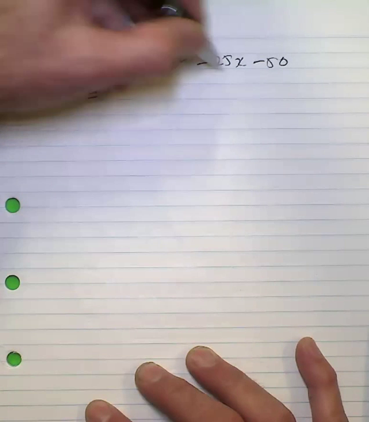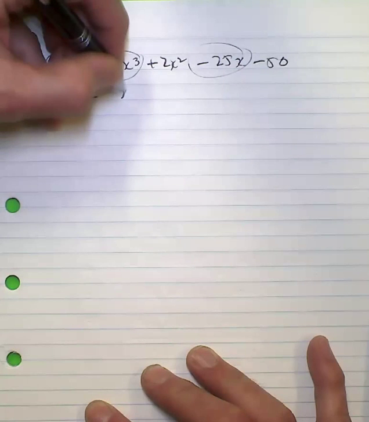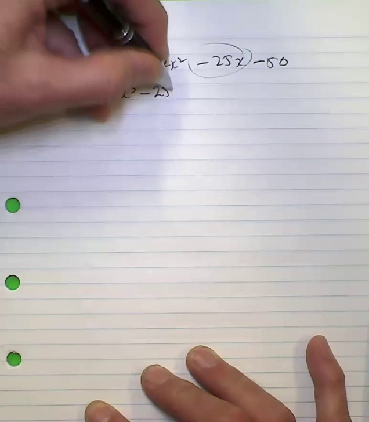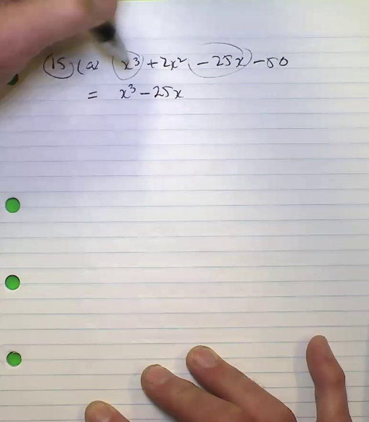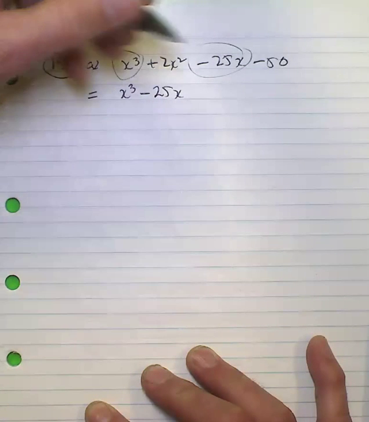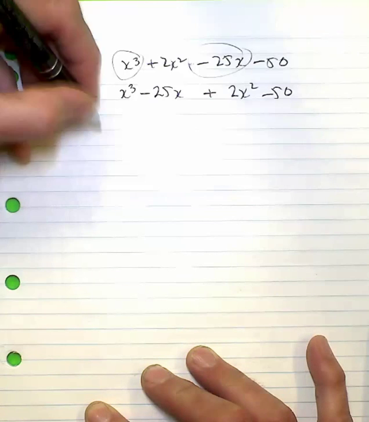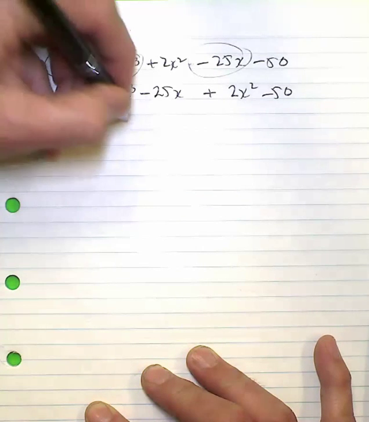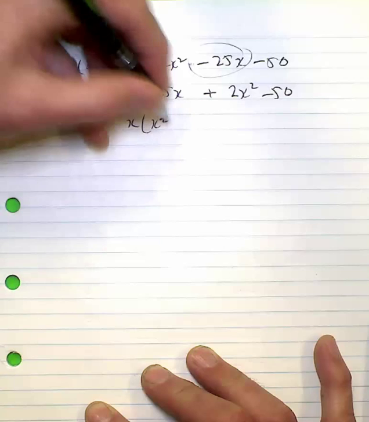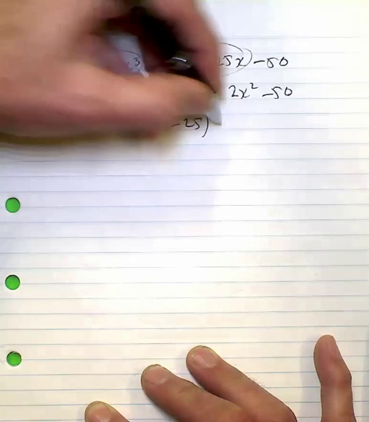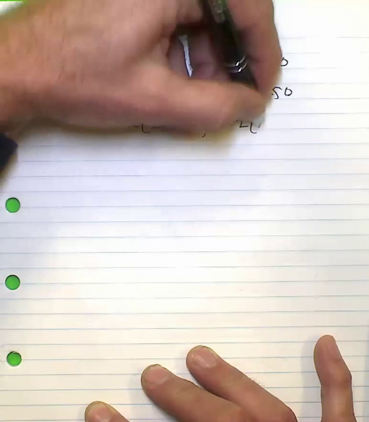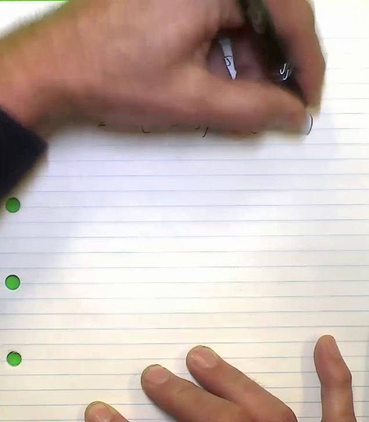First thing I've noticed with this first question is it would pay to gather the terms that seem to be hiding a 25 and an x together. So when I do that, I've got x lots of x squared take 25 plus 2 lots of x squared take 25.